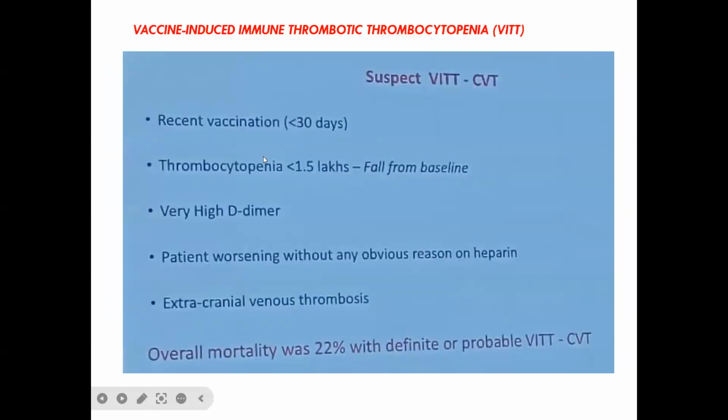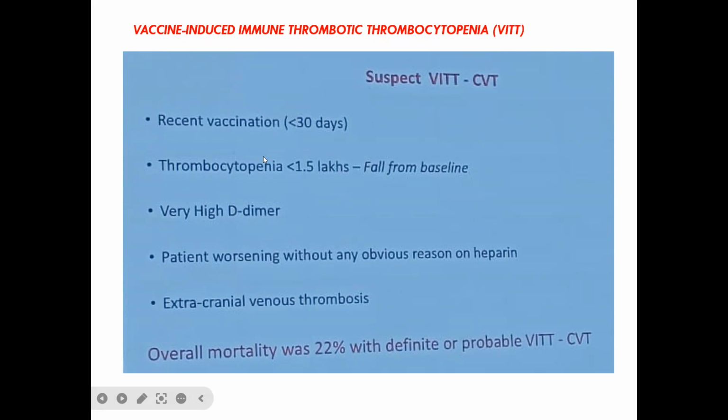And one more entity is there: vaccine-induced immune thrombotic thrombocytopenia. Here, the patient will present as cortical vein thrombosis only. But after taking the history, you come to know that 30 days ago the patient had vaccination, and the patient has thrombocytopenia, less than 1.5 lakh. In this setting, if you give heparin, it will lead to hemorrhages, and heparin-induced thrombocytopenia will lead to bleeding risk and the patient will die.